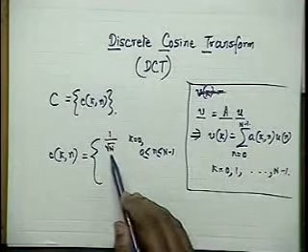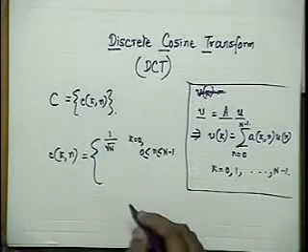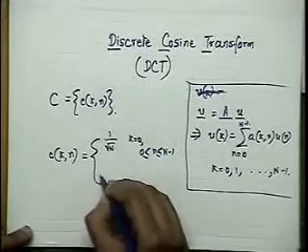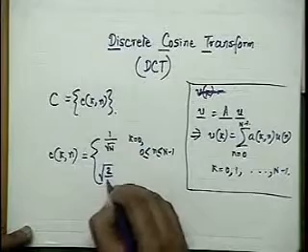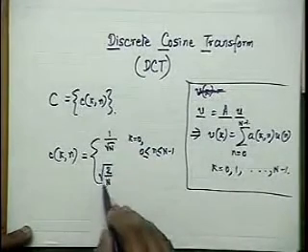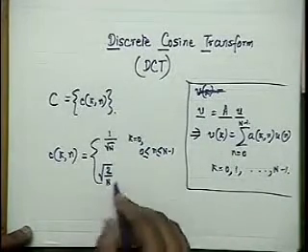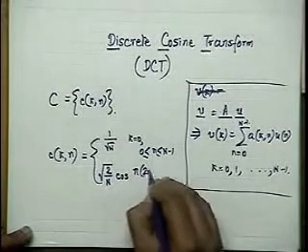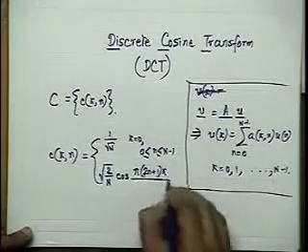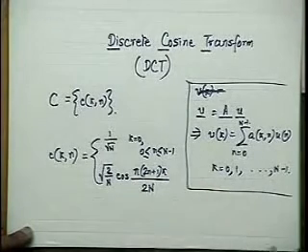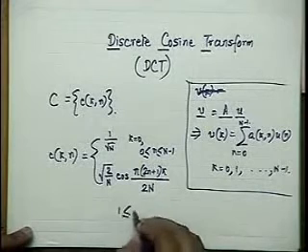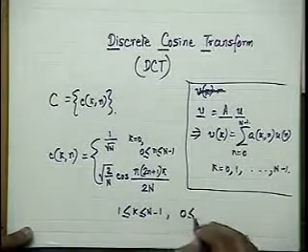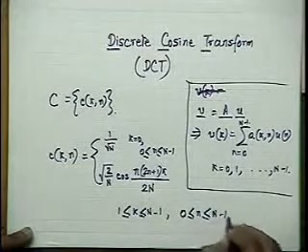Second row onwards, that means when k varies from 1 to N minus 1, the term is like this. It is square root of 2 by N, cosine of pi (2n plus 1) k divided by 2N, where k is defined for 1 to N minus 1 and n is defined as before, 0 to capital N minus 1.